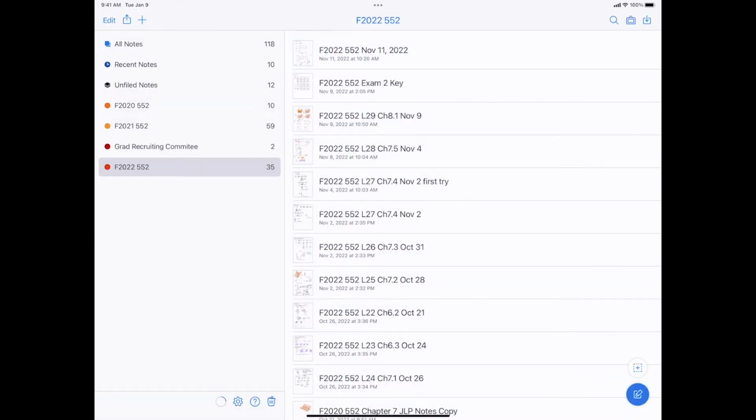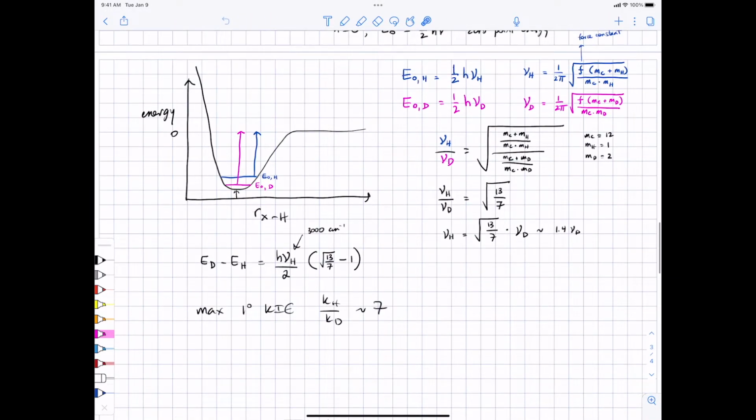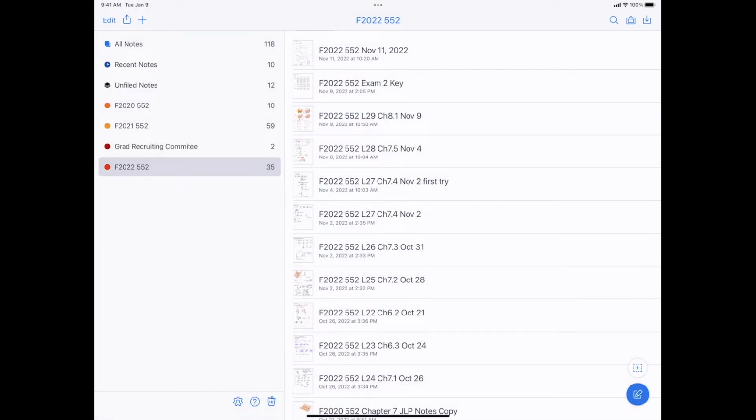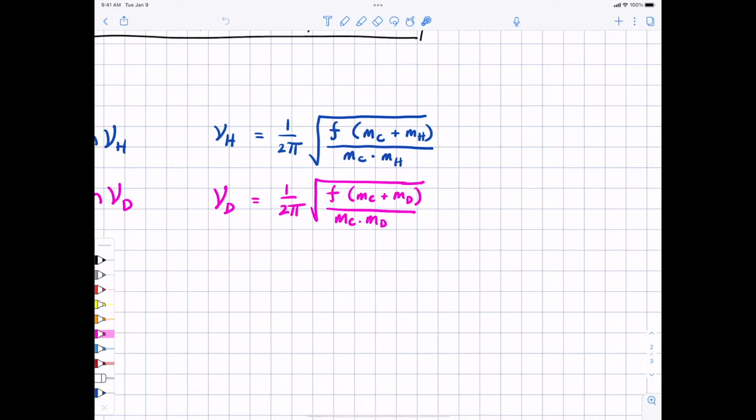And I think last time, after doing just a little bit of annoying math, just to put some numbers on it, the force constant for carbon and hydrogen would be 13 divided by, oh darn, 12?